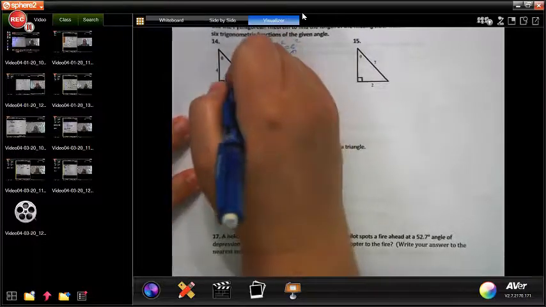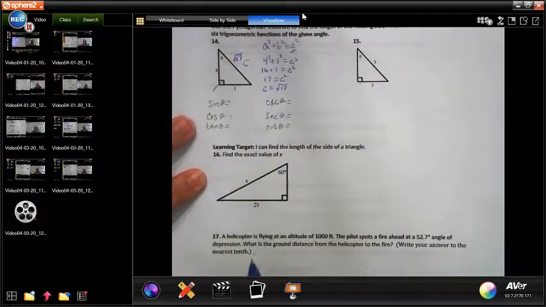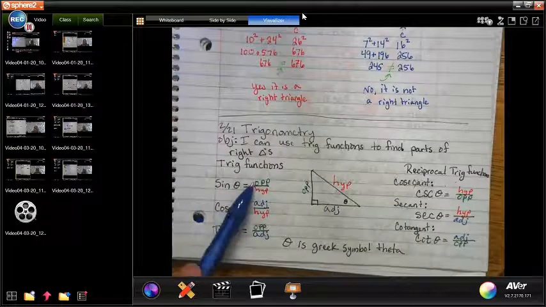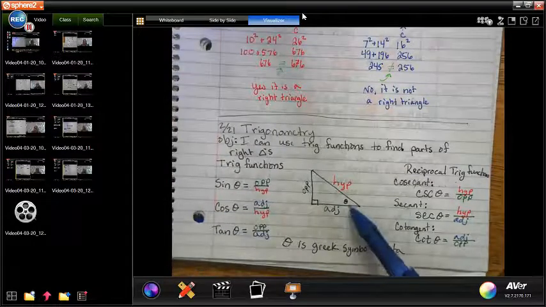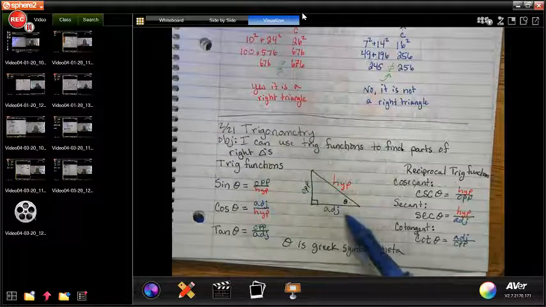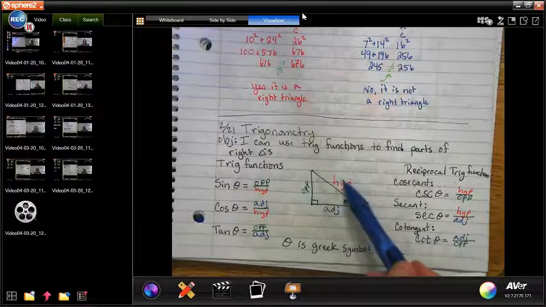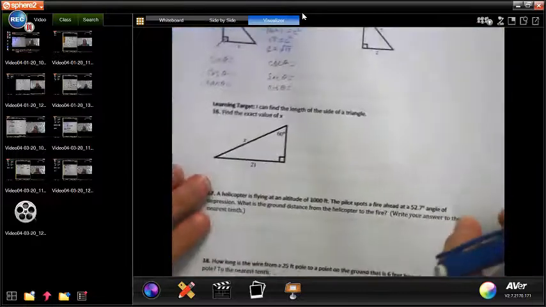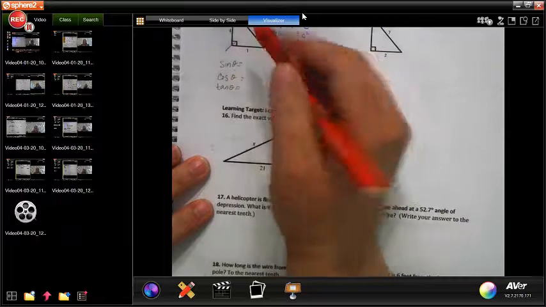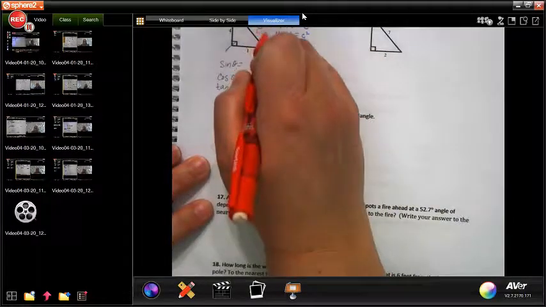So this is radical 17 now. Sine of theta, if you remember, sine, cosine, tangent: sine is opposite over hypotenuse. So wherever theta is, remember, opposite is across the street, adjacent is next door, and either one of them is the hypotenuse. So when I label my sides, I have my hypotenuse.